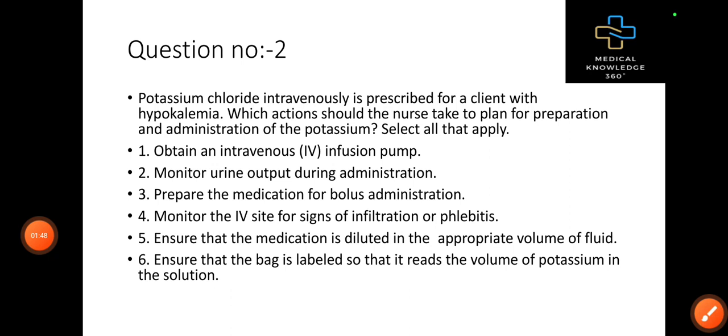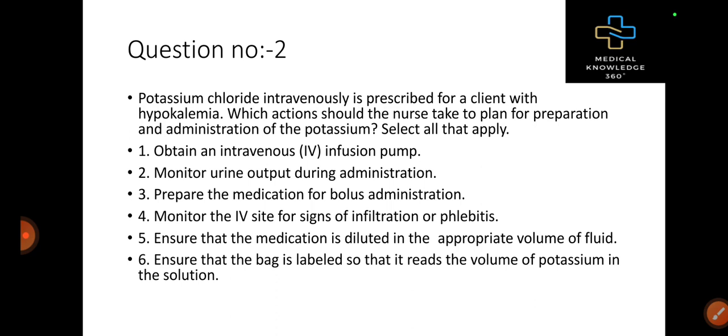Our next question is: potassium chloride intravenously is prescribed for a client with hypokalemia. So the question is that potassium chloride is administered to a client who is having hypokalemia. Which action would the nurse take to plan for preparation and administration of the potassium? Select all that apply.